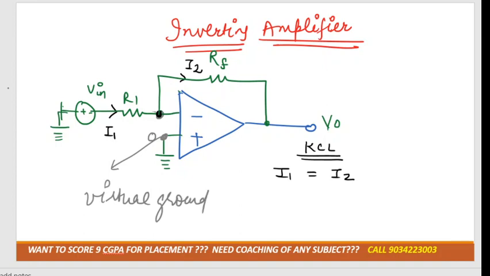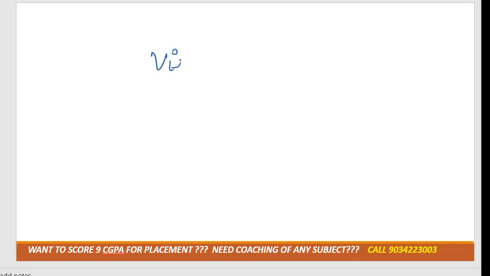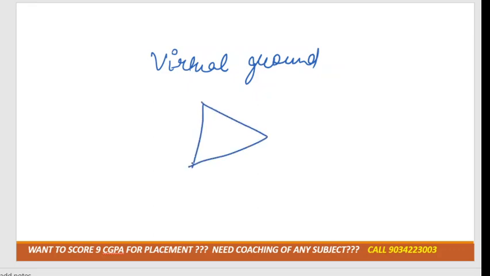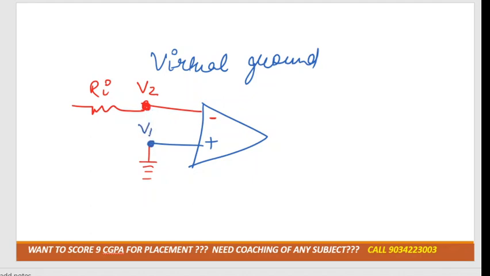I'll exactly tell you what the virtual ground concept is. Suppose this is the amplifier, and here it is connected with the positive terminal, which is grounded at this particular point. At this point, suppose it is V2, and I have connected the resistance R in. By the concept of virtual ground, this particular point would also be 0. Suppose at this point V1. Can I say that the voltage gain is the output voltage divided by the difference in the voltage, right?